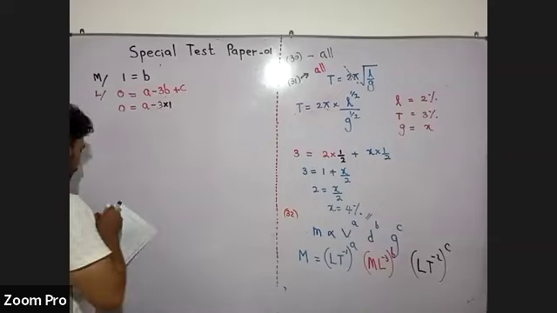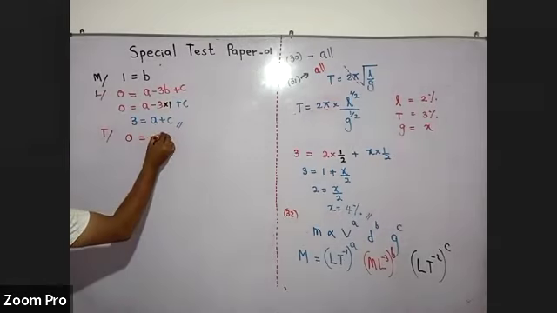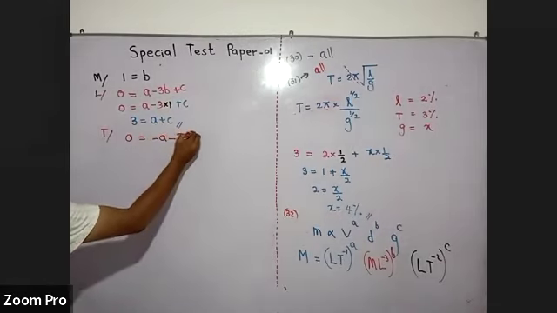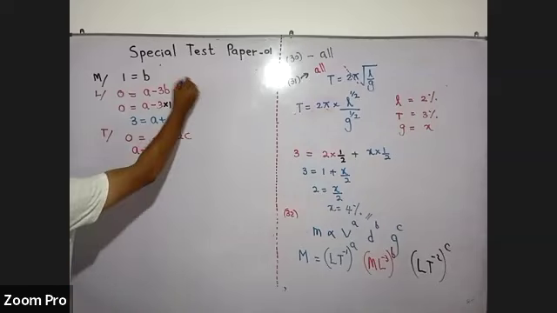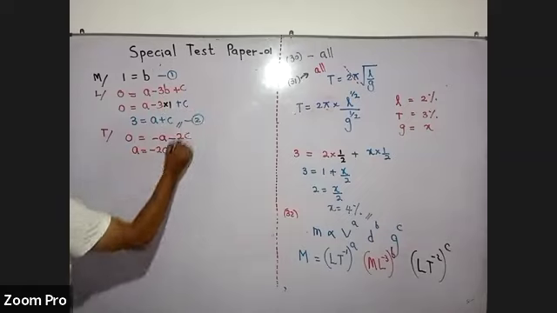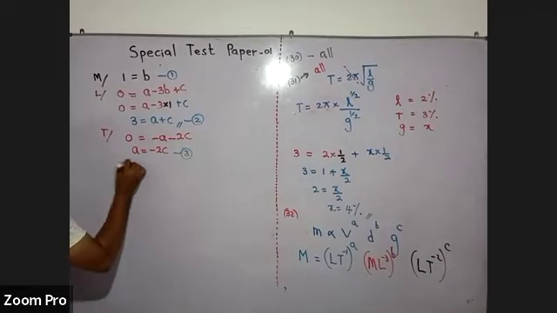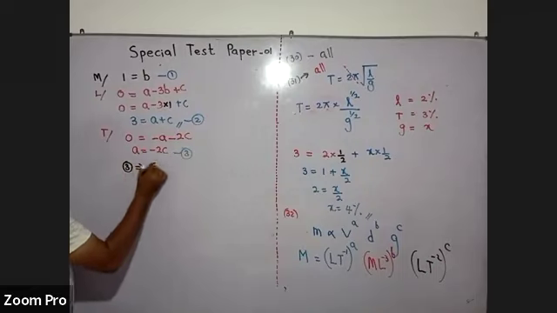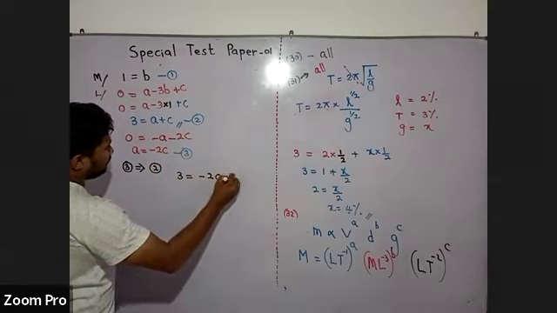Then a plus c should be equal to 3, right? Let's move on to T. In the left side, it should be 0, and minus a minus 2c. Then a should be equal to minus 2c, isn't it? So if I substitute this obtained value into the third equation, we can consider that 3 equals, instead of a, let's substitute minus 2c plus c.